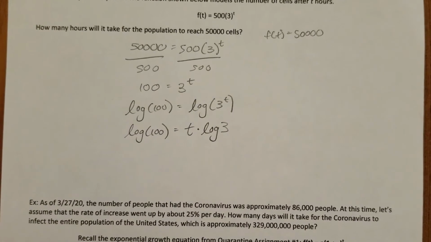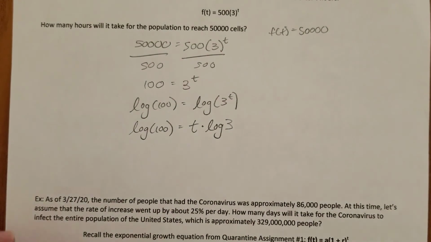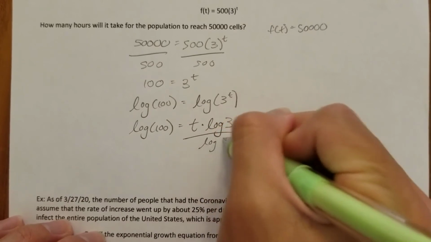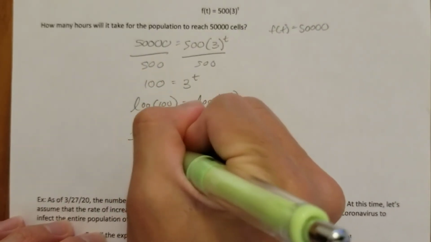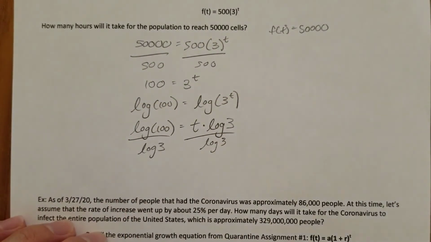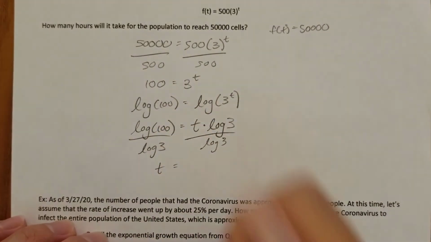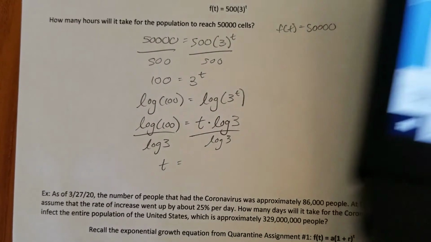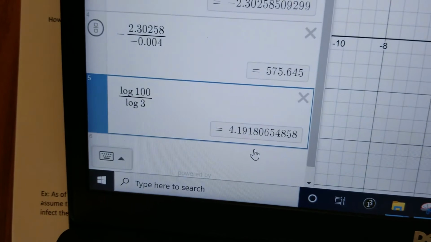Next, we need to isolate t by itself, so we divide by log of 3 on both sides. So t is log of 100 divided by log of 3.